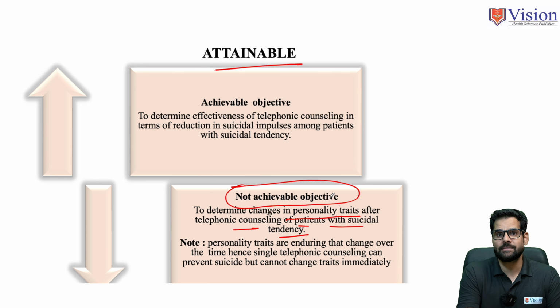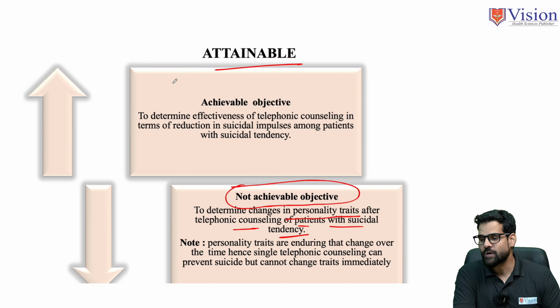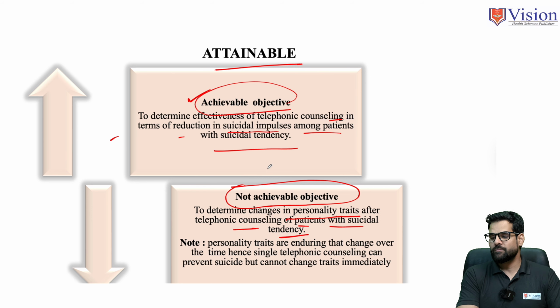But you can conduct such research. So what is the achievable objective of the same scenario? To determine the effectiveness of telephonic counseling in terms of reduction of suicidal impulses among patients with suicidal tendencies.